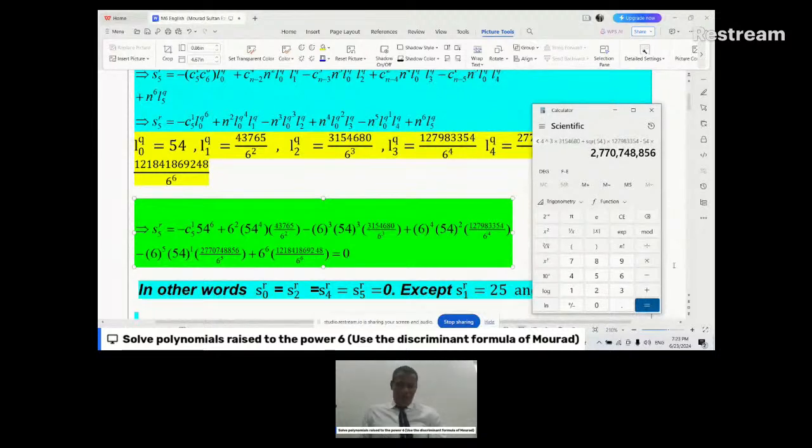Okay, this one equal, divided by 6 raised to the power 6.